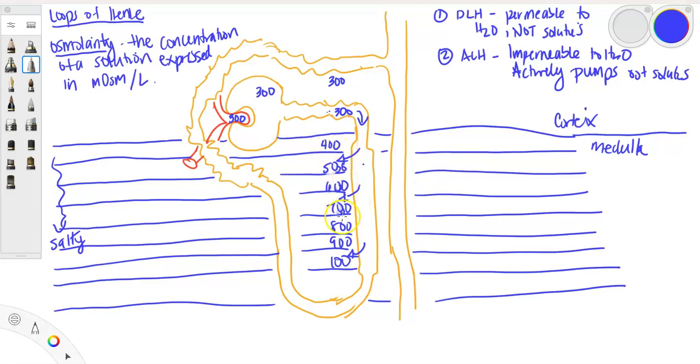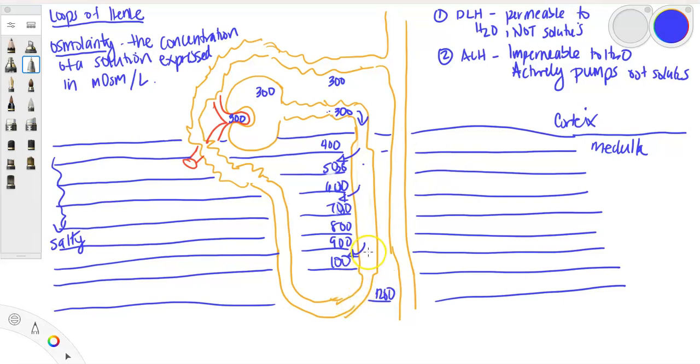So as it's getting more and more concentrated on the way down, the filtrate is starting to get more and more concentrated until finally at the bottom, it is 1,200 milliosmoles.